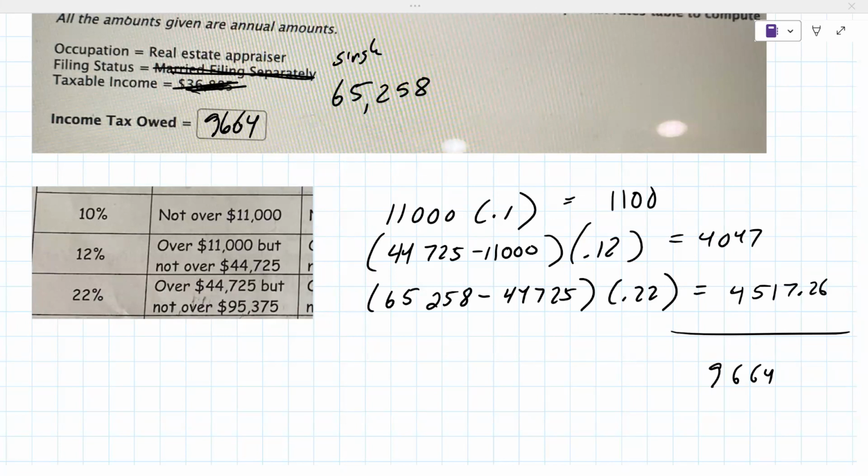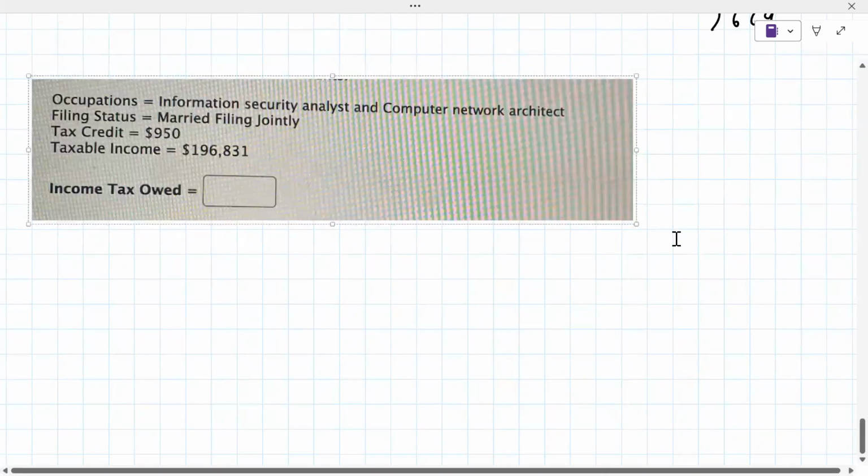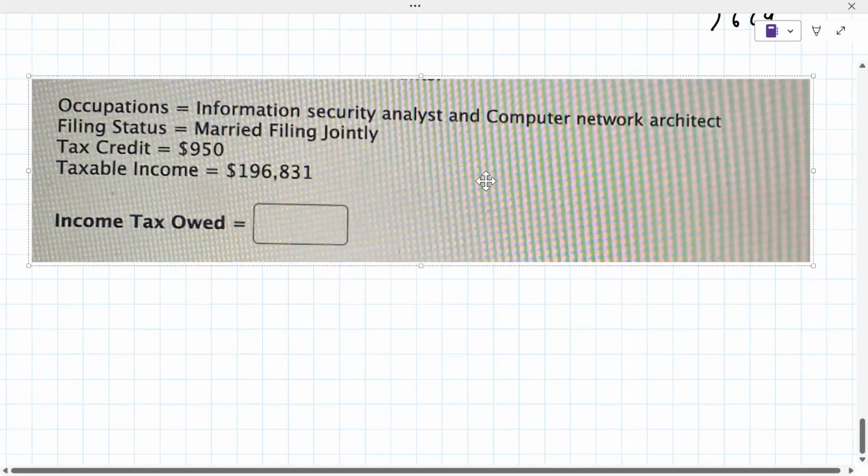So question 5 is married filing jointly. Okay. So the occupation doesn't matter. Well, that's not true. If you were in the military, your income taxes and stuff change as well. So the taxable income again is 196,831.